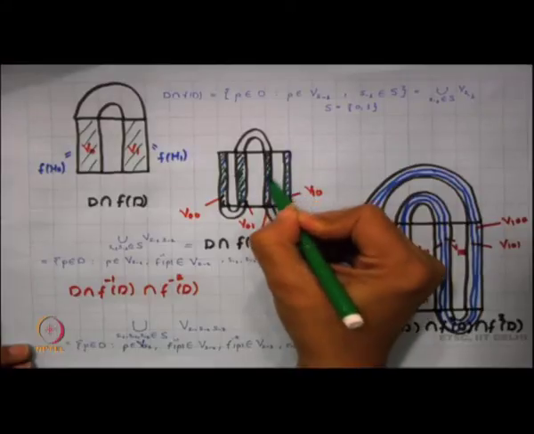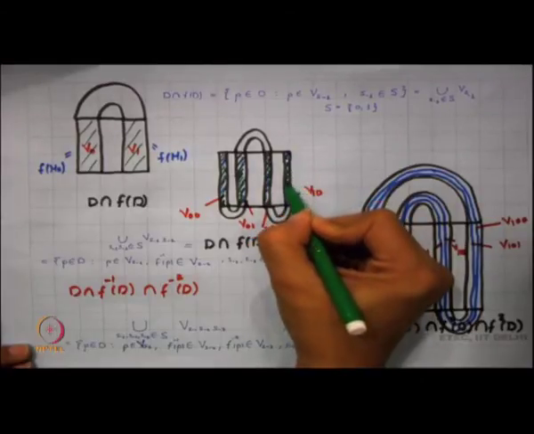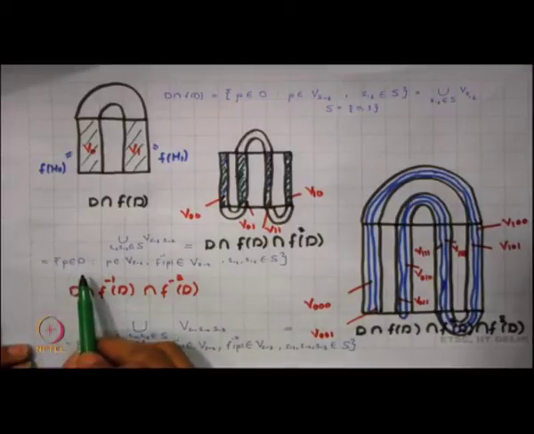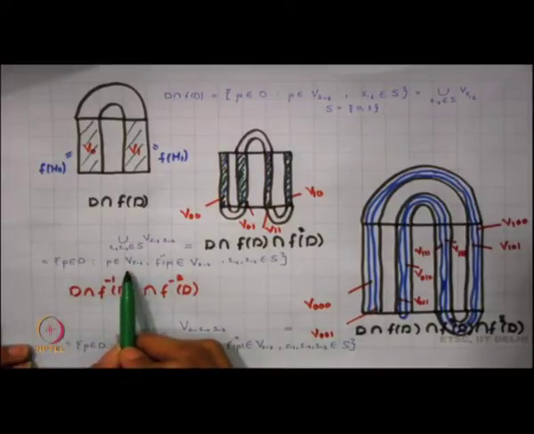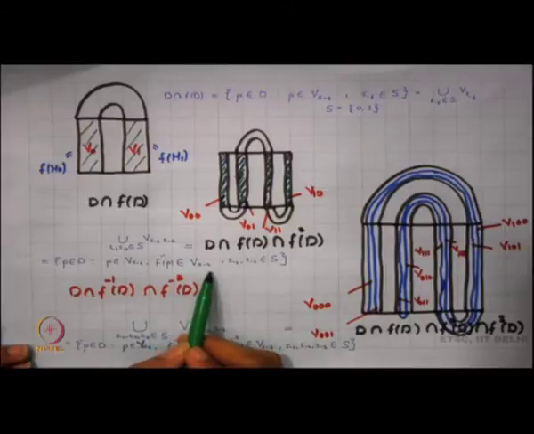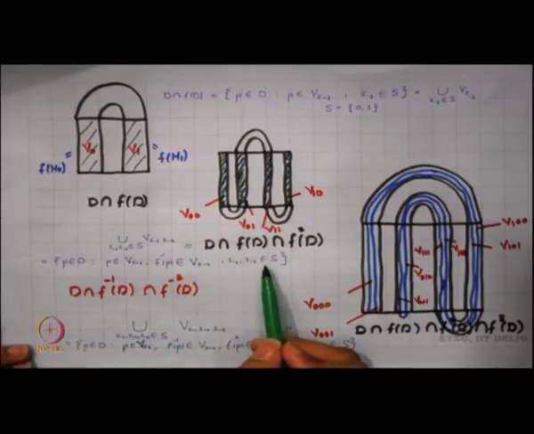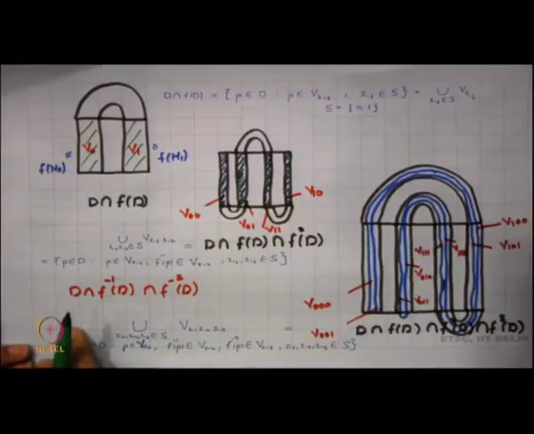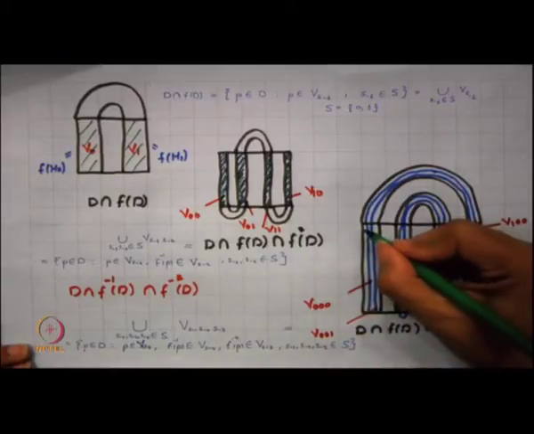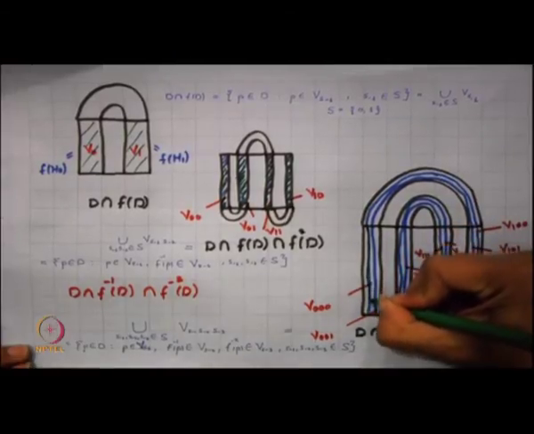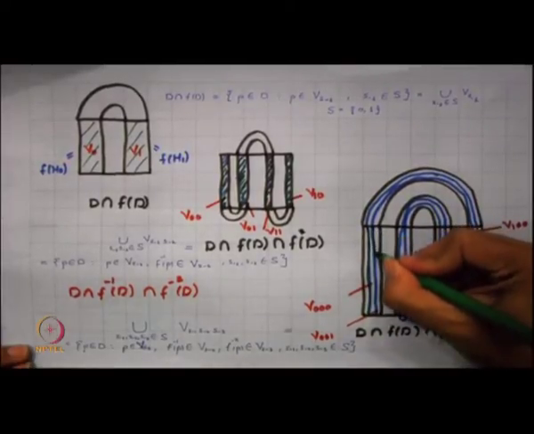If I look at what these vertical rectangles are, this is the set of all P in D such that P belongs to V S minus 1 and F inverse P belongs to V S minus 2, for S minus 1, S minus 2 belonging to S. And if I look at D intersection F of D intersection F square D intersection F cube D, I get these 8 vertical rectangles.